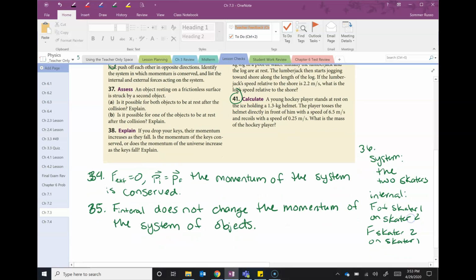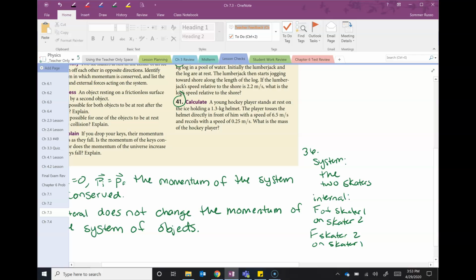The last piece we're looking at here is the external force, and there's none. Because it is frictionless, there is no external force on the system of our two skaters.